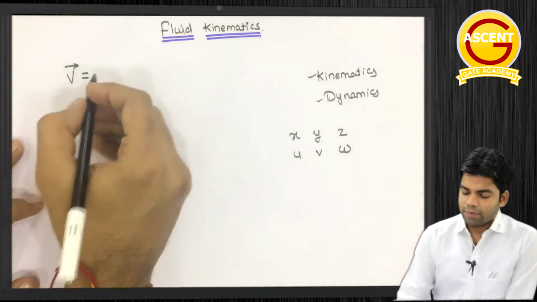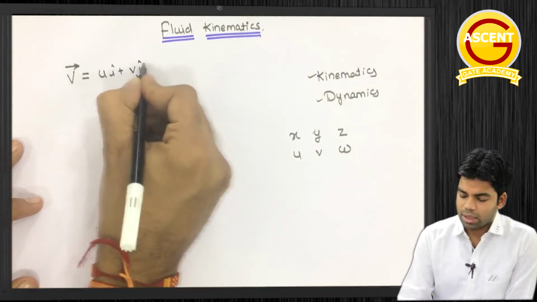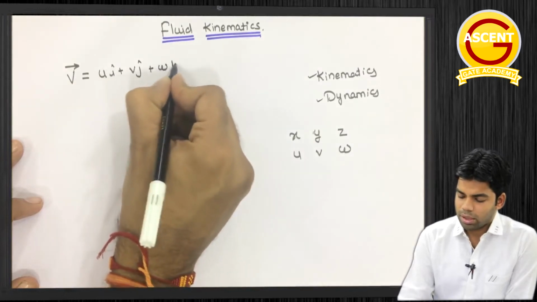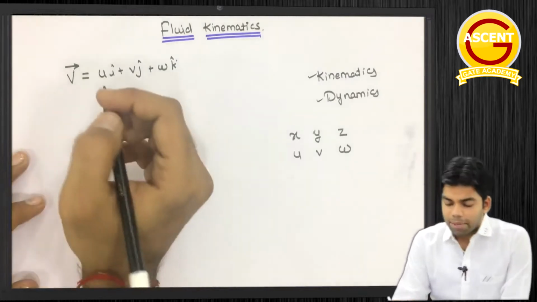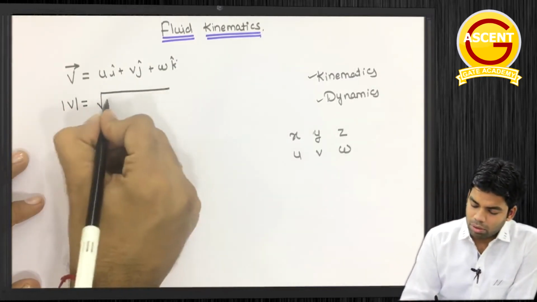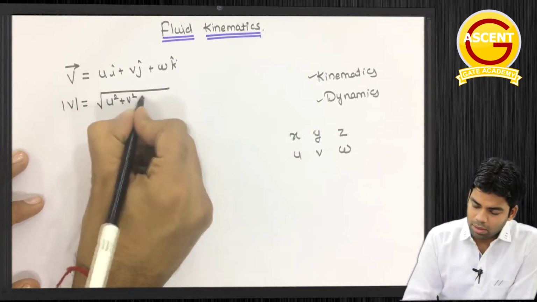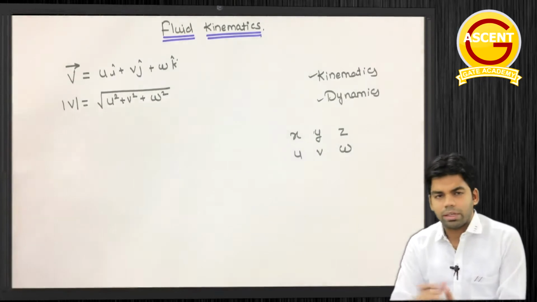Then the velocity vector will be equal to u i cap plus v j cap plus w k cap, as we all know. And the magnitude of this velocity will be equal to the square root of u square plus v square plus w square. We have already done all these things.